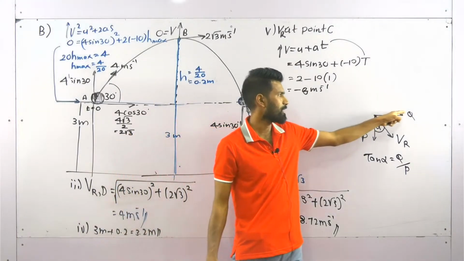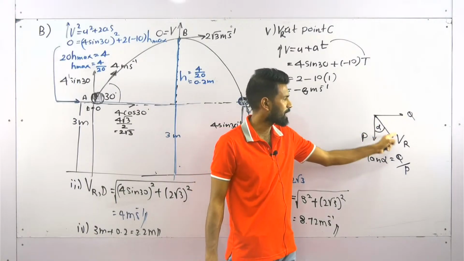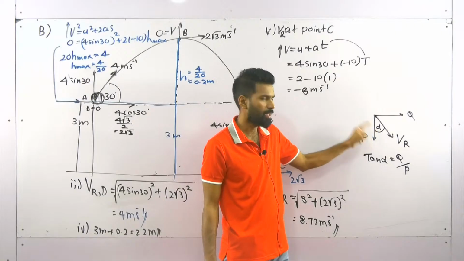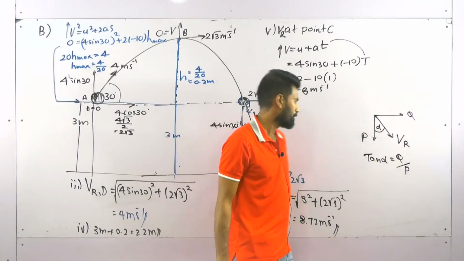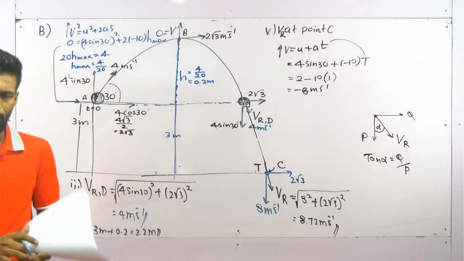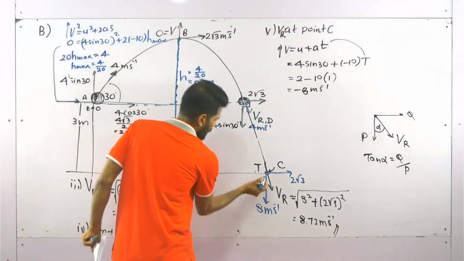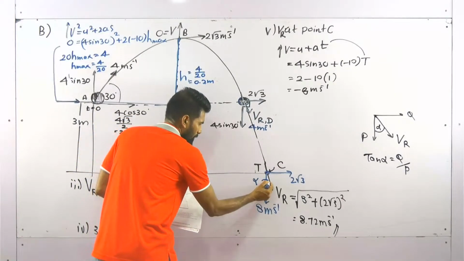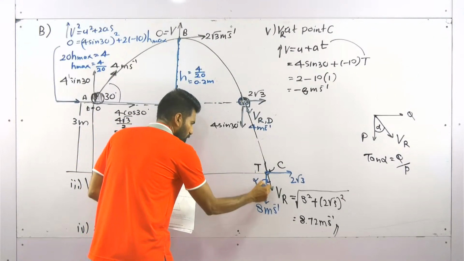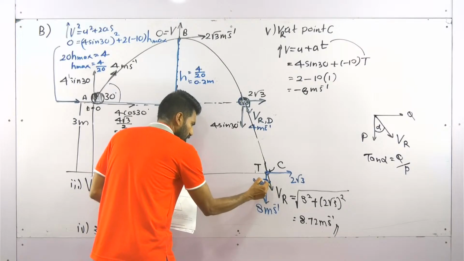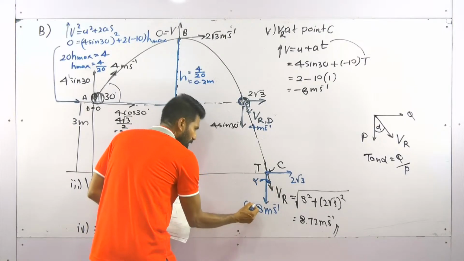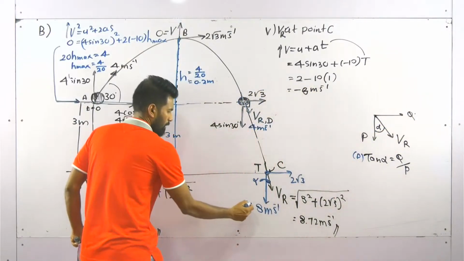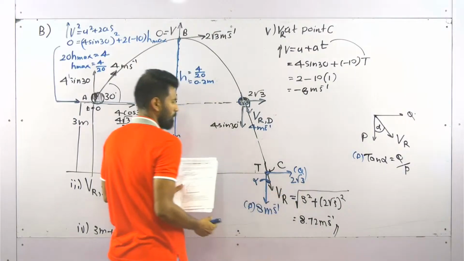When two vectors p and q are perpendicular, and the resultant vector VR creates an angle alpha with the vector p, tan alpha is equal to q over p. So you can use that method here. I am taking the angle alpha from this point. This is the vector p, and this is the vector q. So what will be tan alpha?